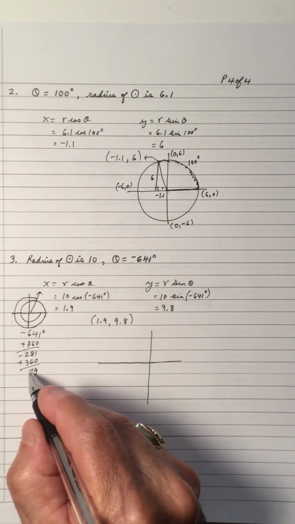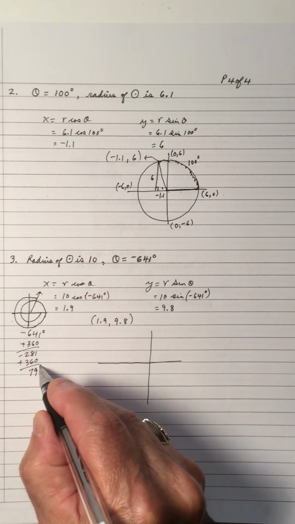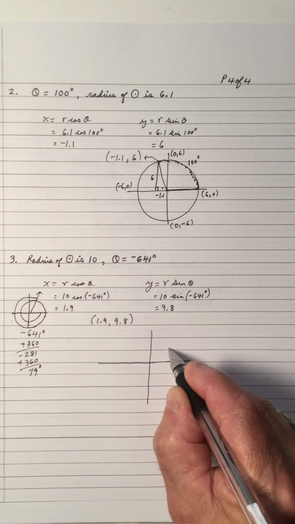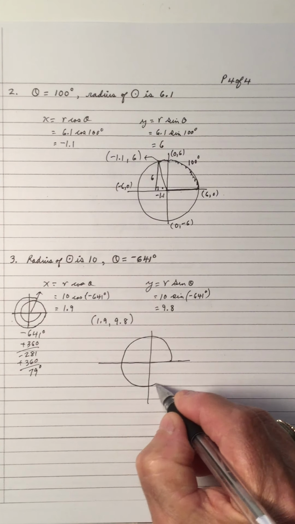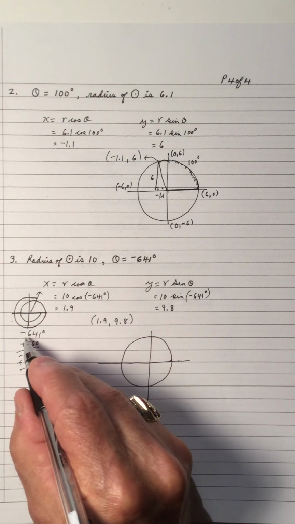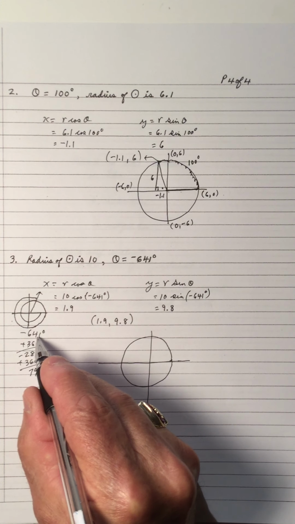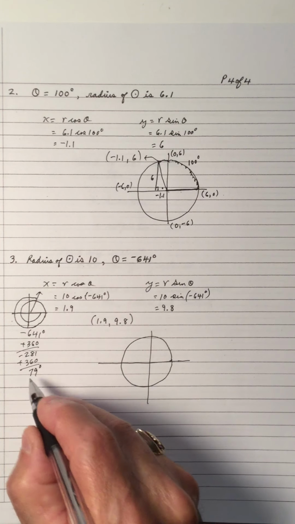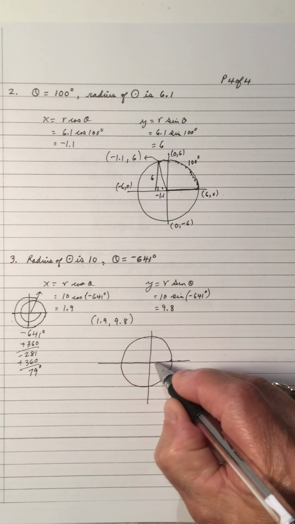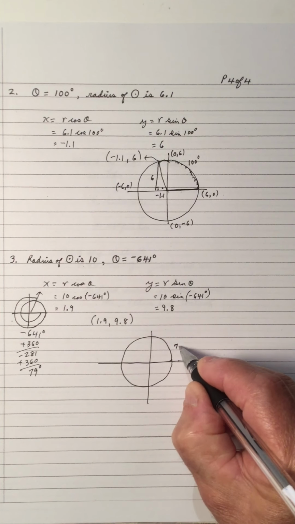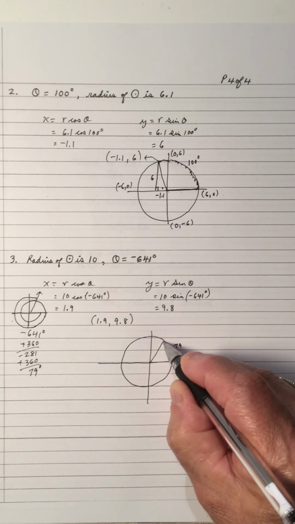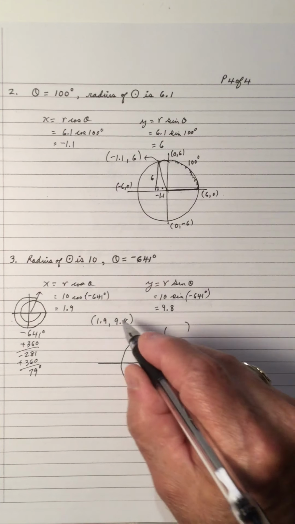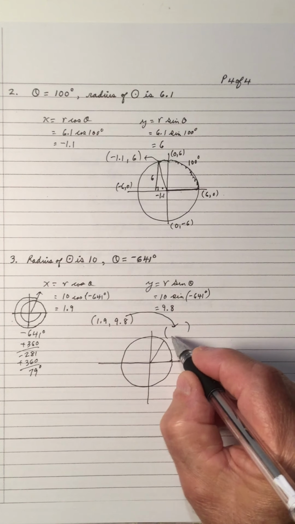But by adding 360 and getting a positive 79, now you only have to rotate 79 degrees right to here. So if you had a circle like this, negative 641 is coterminal to 79, so if you rotate 79 degrees on your circle right to there, these coordinates are those right there.